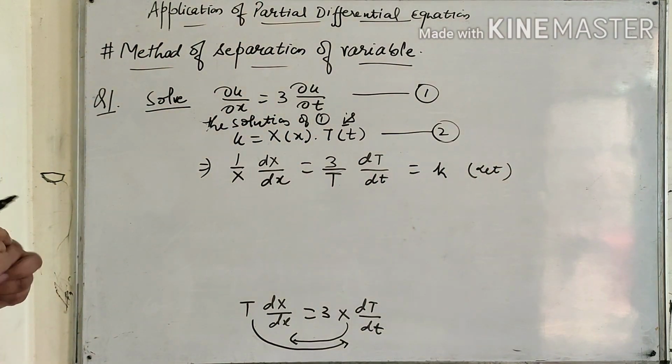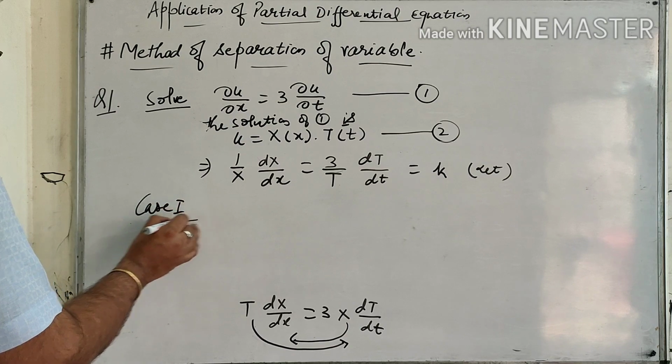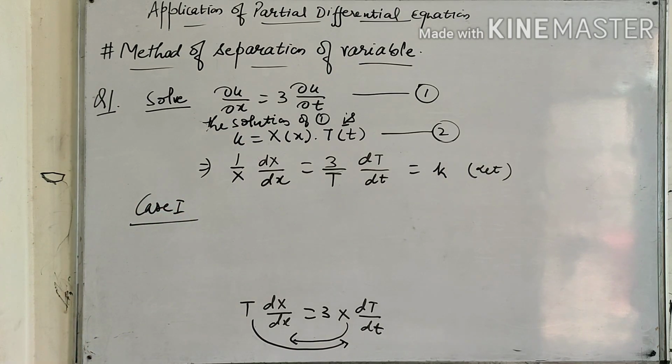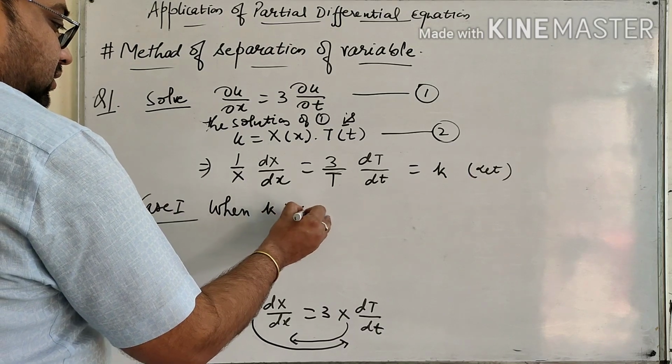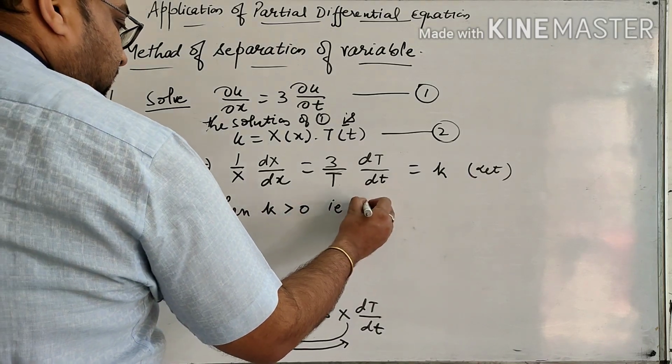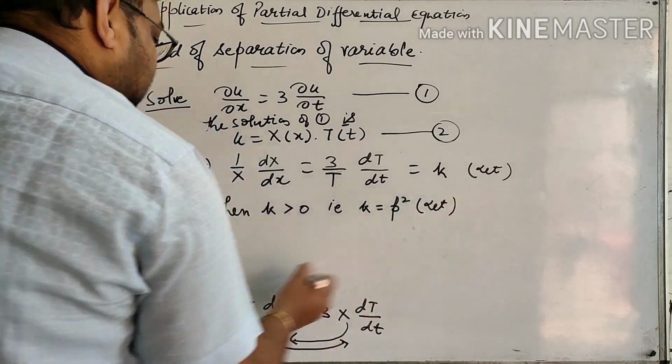Now there are three possible cases. Case first: when k is greater than 0, we can let k equal small p squared.